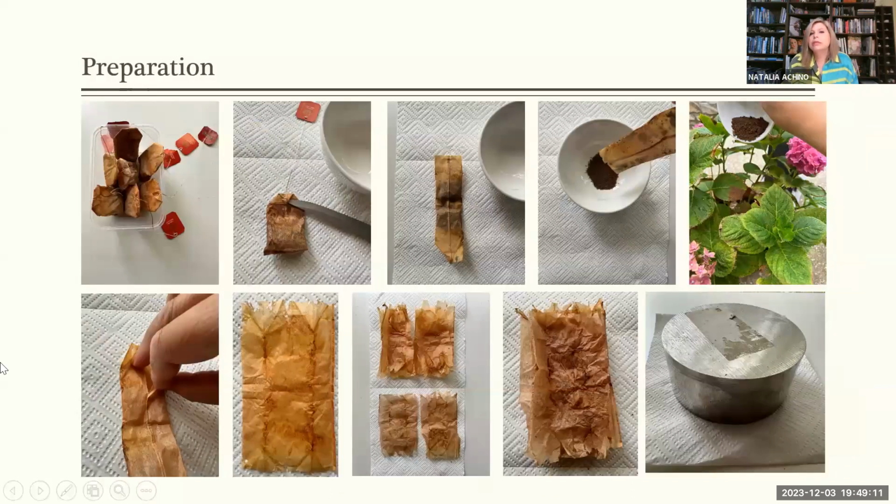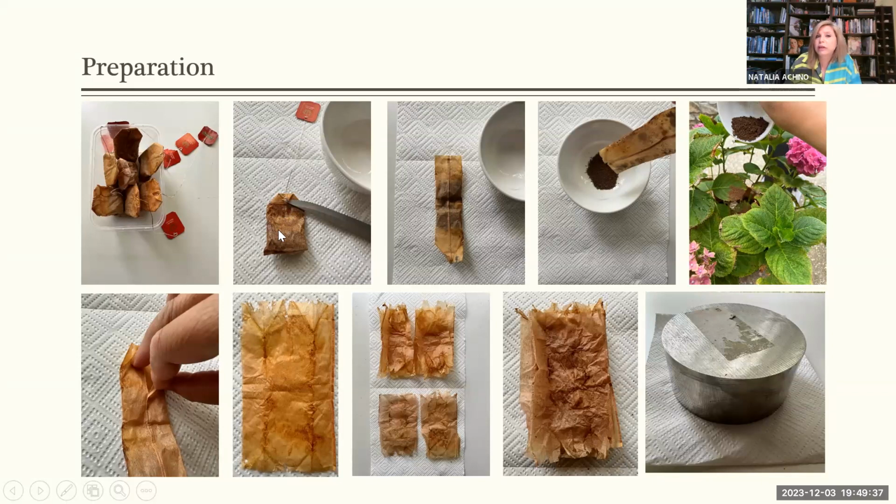So how do we use the tea bags? There are several ways to do it. This is one way. You collect all your tea bags and let them dry in a container. The longer you let them dry, the more staining patterns they will create. So you open them carefully.